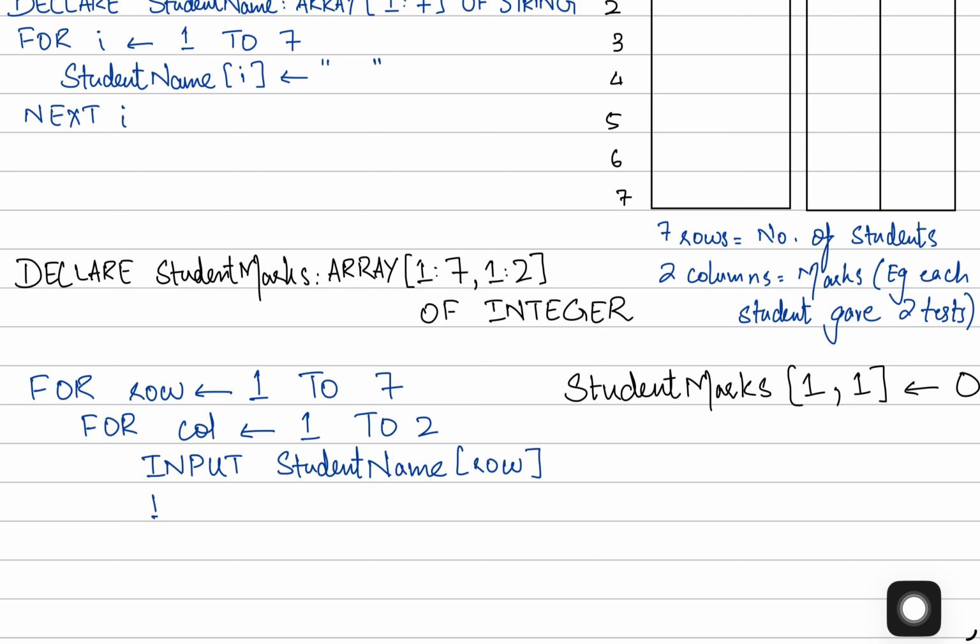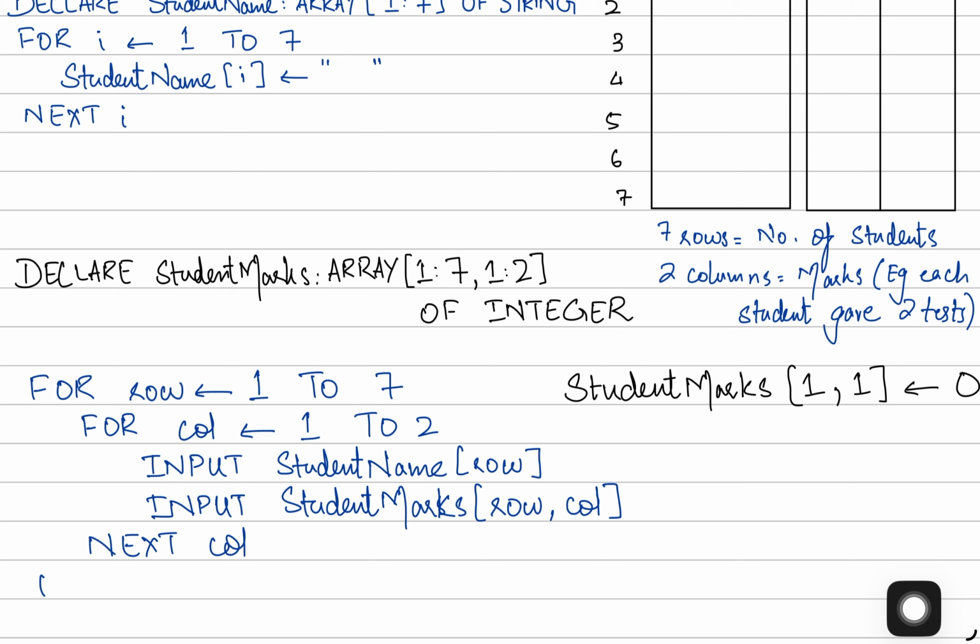And then I'll do INPUT student marks row, comma, column. Since it's a two-dimensional array, I'm supposed to give the row as well as the column. And here I'll do NEXT column and then NEXT row.